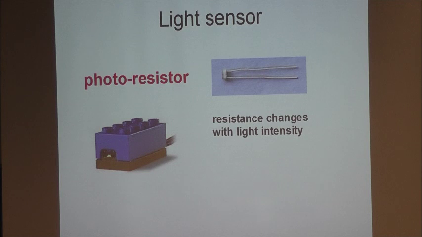Light sensor. Light sensors are sensors where you shed light on the sensor and it gives you a voltage or a current. So this is how to measure the intensity of light.